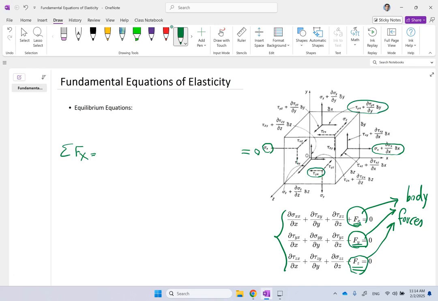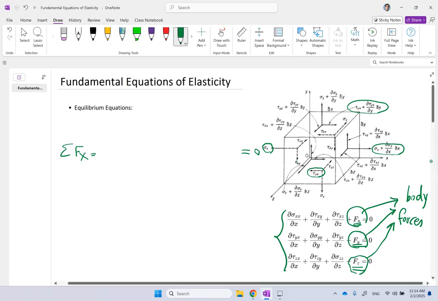And so these are sigma xx and tau yx. And then on these front faces, if you look, that force is in the x direction. And on the back, it's this guy here. So there are 6 forces that are acting in the positive or negative x direction. And we have to add and subtract them to get what we want, plus, of course, this Fx force.